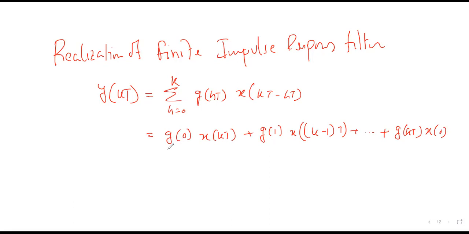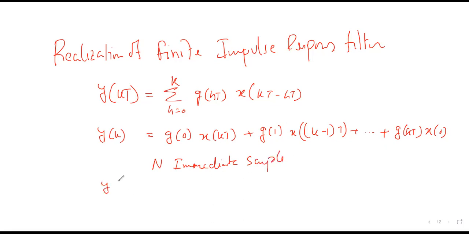Now again, finding the output from a huge number of past inputs can be a difficult task for the processor, and you also need a huge amount of memory. So instead of taking all the previous inputs, it is wise to take n immediate samples, the significant ones, as long as they are significant.